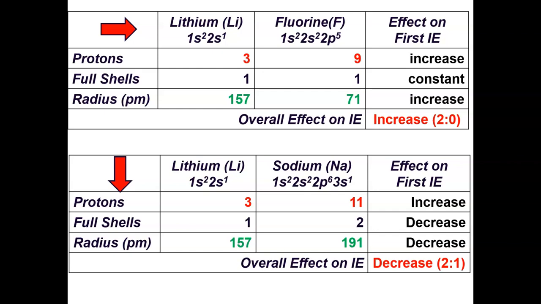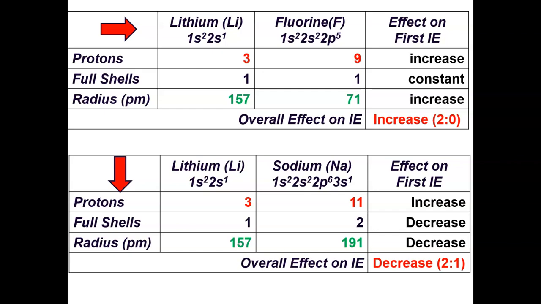When we come to looking down a group, I've picked out lithium again, but this time with sodium in group 1. 3 protons versus 11 protons, which means another increase in number of protons, nuclear attraction. Well, number of full shells. This time, lithium has 1, but sodium, being on the row below on the periodic table, has a second full shell.